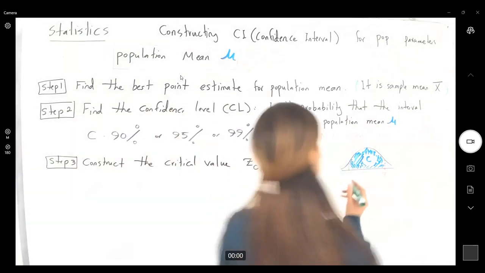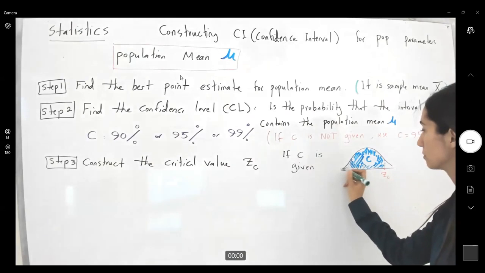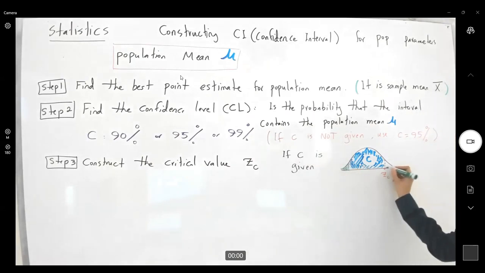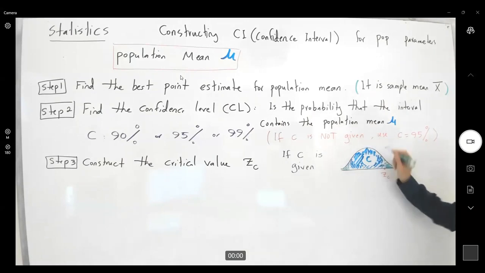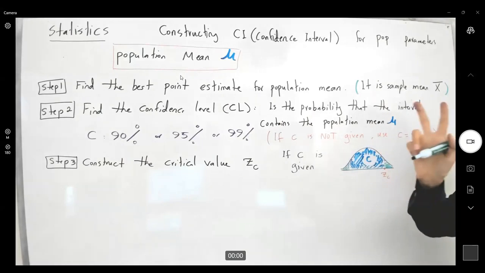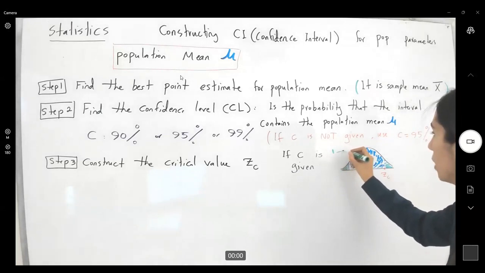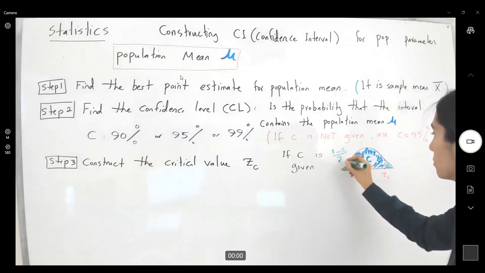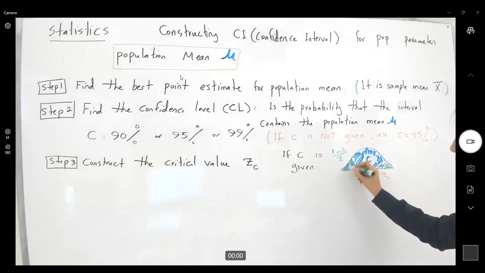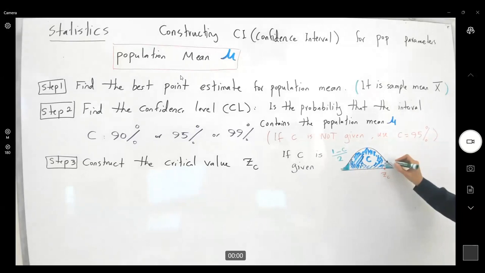This area on the left and also on the right are equal to 100% minus C divided by 2. So we have 1 minus C divided by 2, which is this little area on the left-hand side. And also on the right-hand side, you have 1 minus C divided by 2.